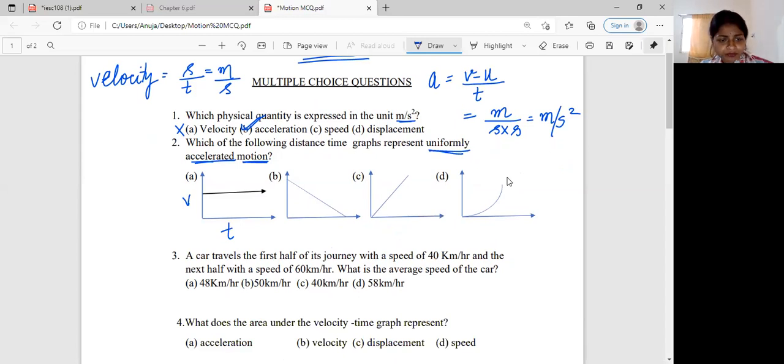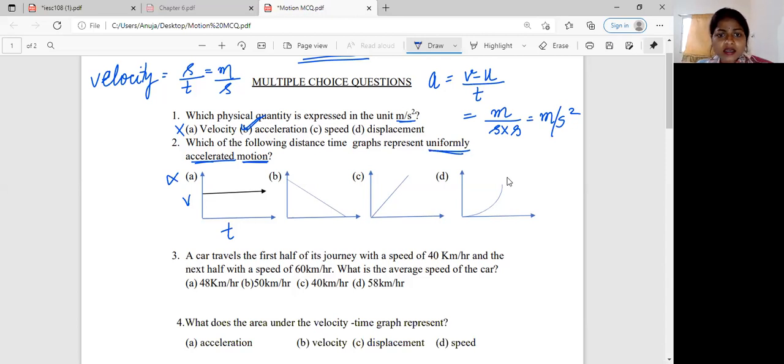What is happening in the first case? Velocity is constant, or velocity is not changing with change in time. But we are talking about uniformly accelerated motion, meaning velocity is changing in equal intervals of time. So this cannot be the correct option because here the velocity is constant.